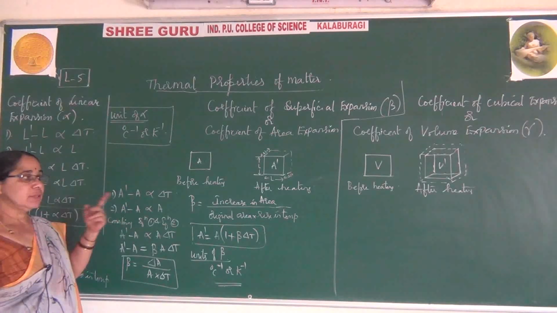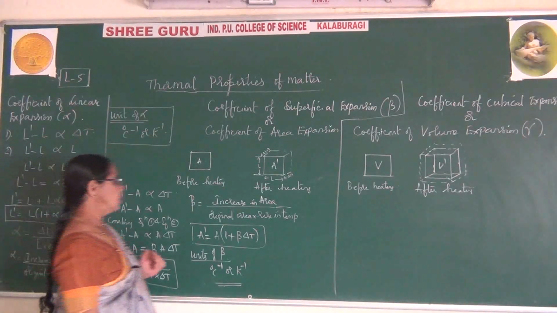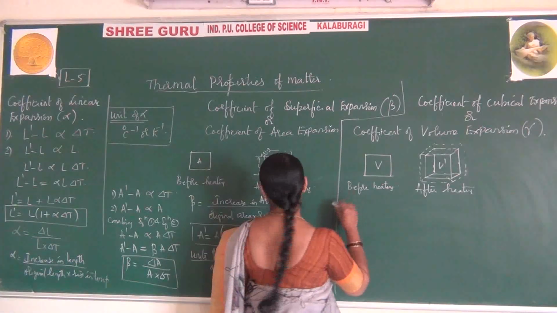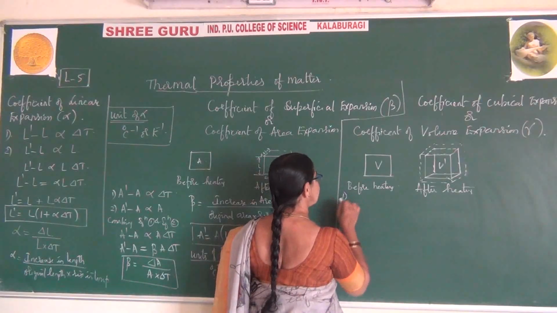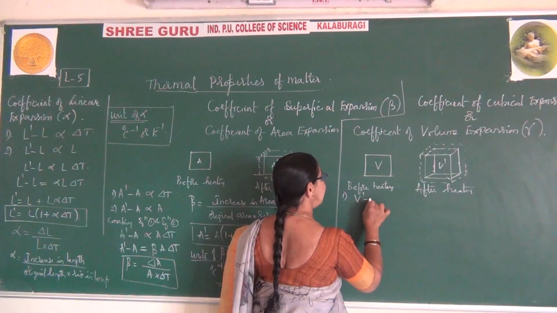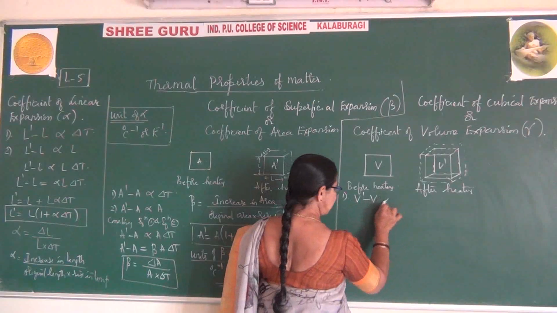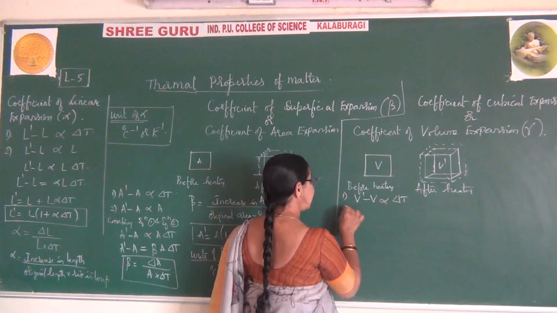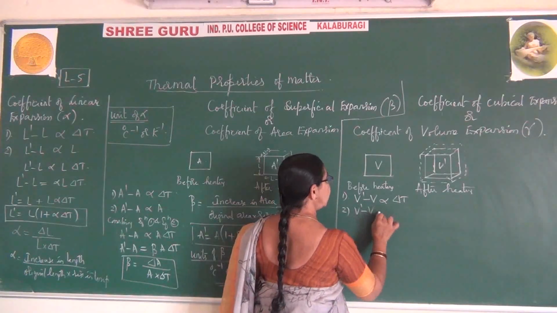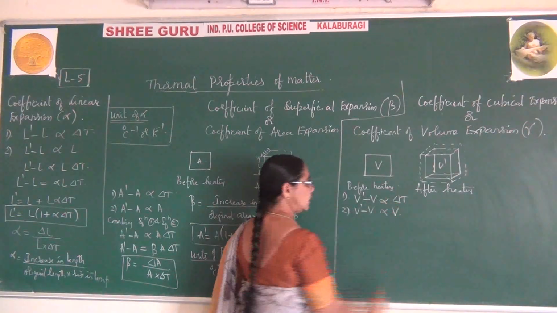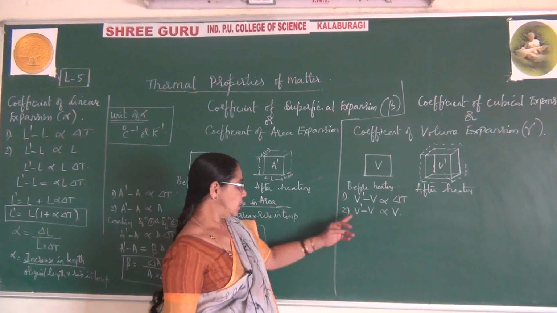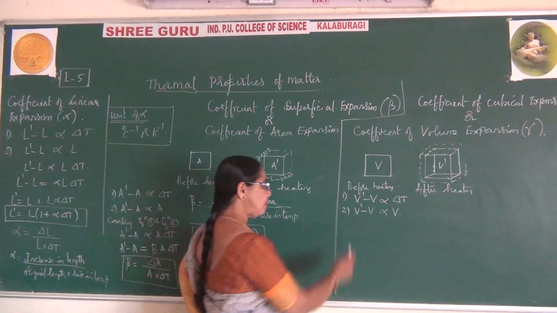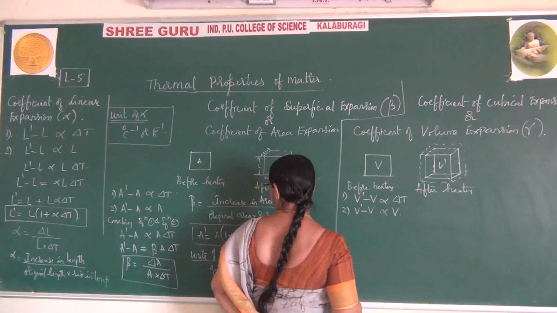First I write the increase in volume, which is V dash minus V, is proportional to rise in temperature. Second point, increase in volume is proportional to original volume. This is the one condition. Now, combining equation 1 and 2, what do we get here?